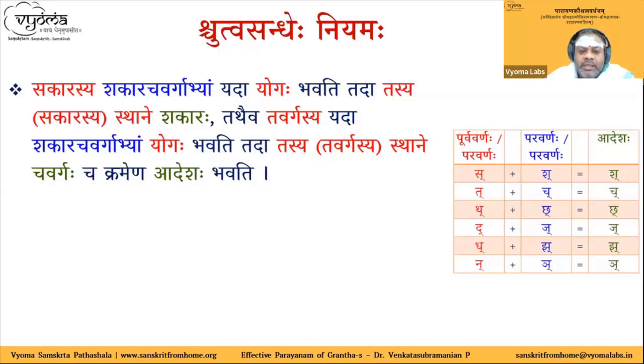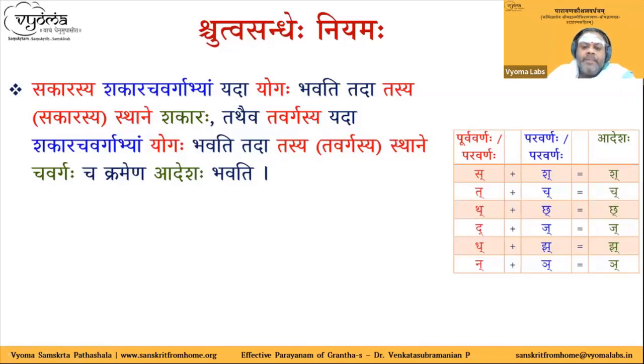Tada tasya sakarasya sthane shakaraha, tavargasya sthane chavargaha, tavargasya sthane chavargaha cha kramena adeshaha bhavati. So ta gets cha, tha gets cha, da gets ja, dha gets ja, na gets nya.